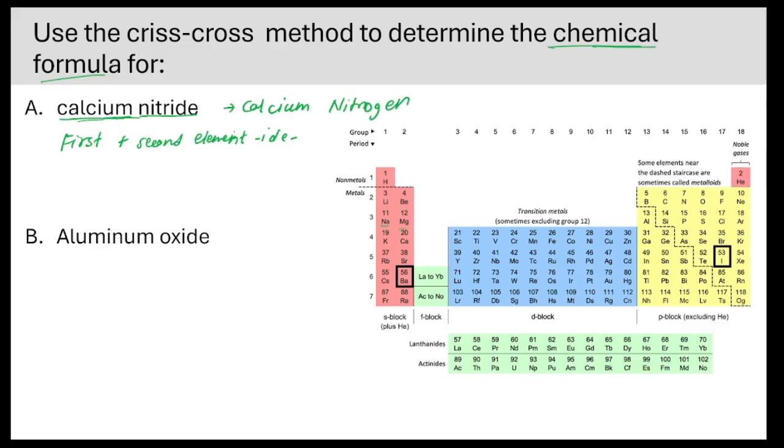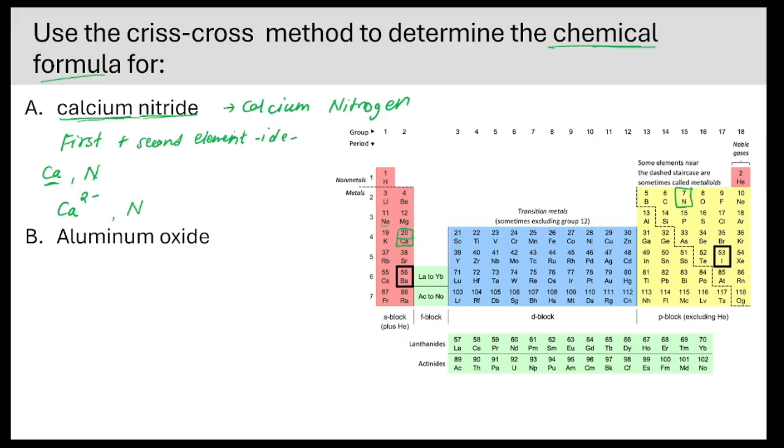If you look at the periodic table, calcium is here with an atomic number of 20, and nitrogen is here with an atomic number of 7. Since calcium is in group 2, the valence electron is 2.